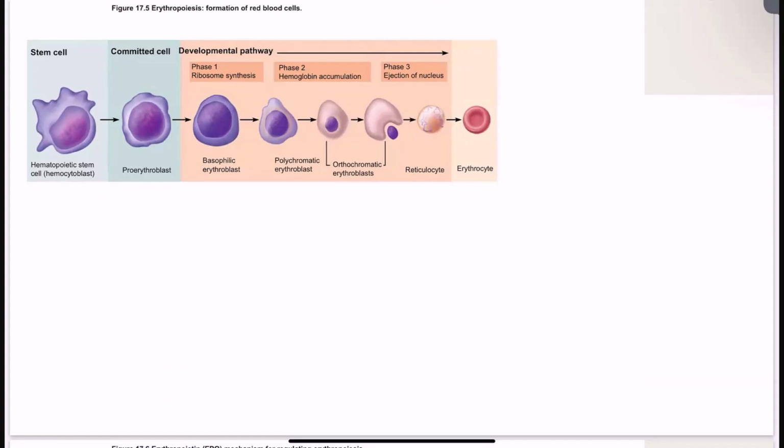So the next question is how do we make red blood cells? The making of blood cells is a process called hematopoiesis.